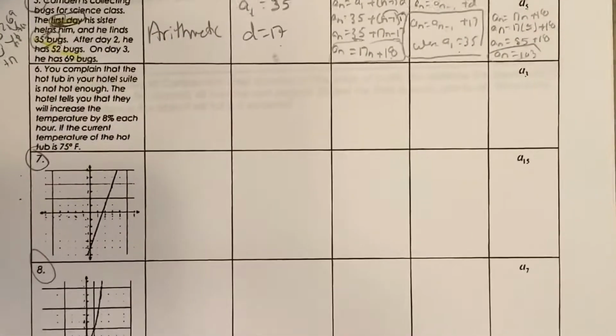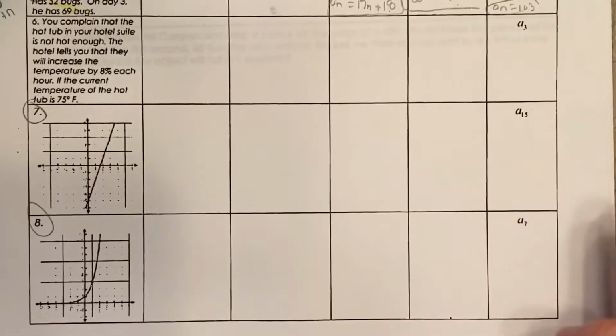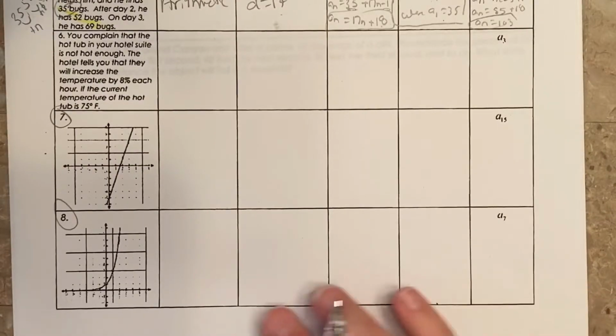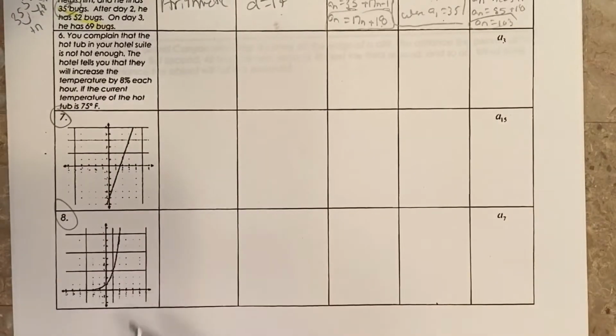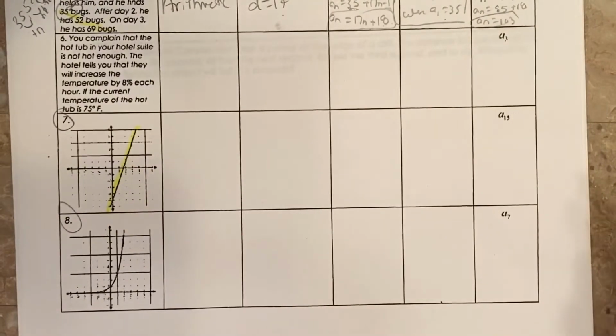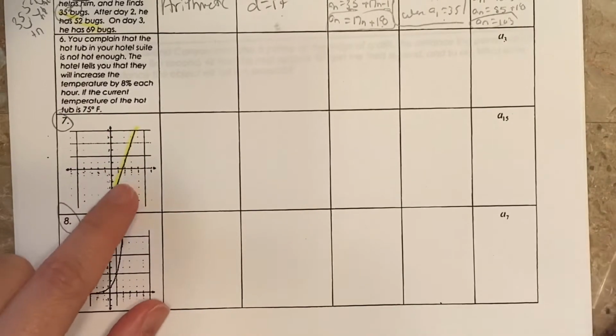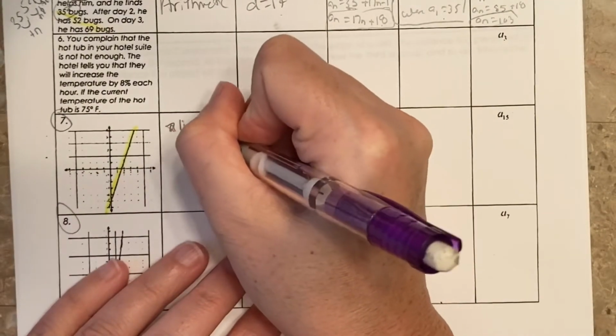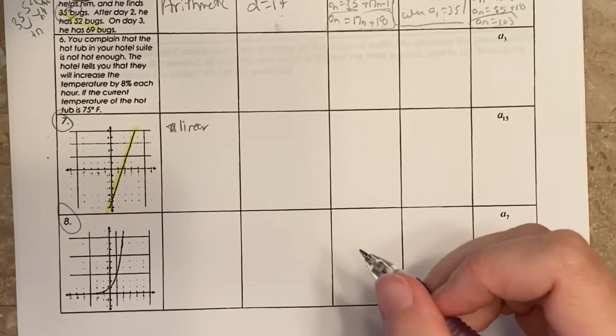Right along. All right, so 7 and 8, I wanted to do these ones because this is really going to bring me back to day 1 of what I taught you guys. If you look at what's graphed, think back to the first video I ever showed that you guys watched on Learn Zillion for me. What type did I say was linear? Okay, what type did I say represented linear?